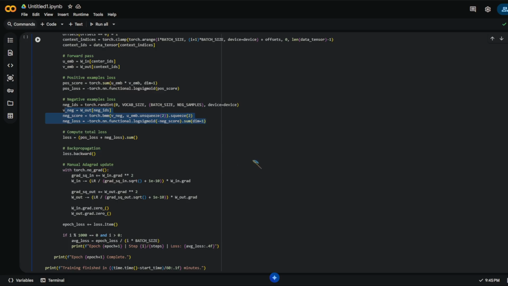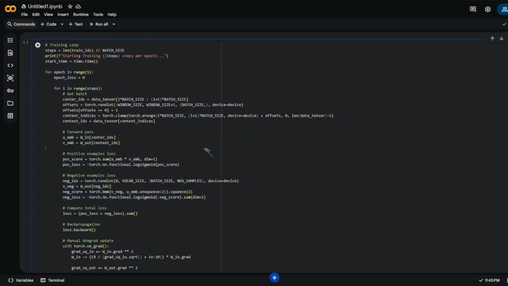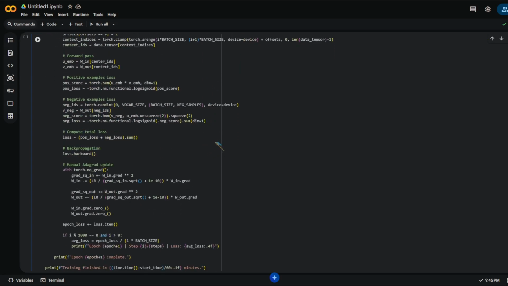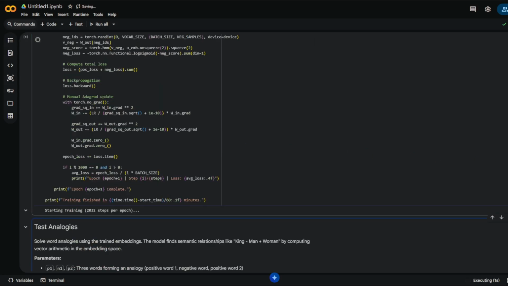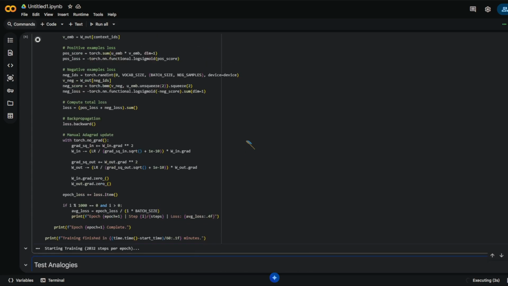This is very crucial for the model to converge. So let's run this important part. Okay, the model is learning.